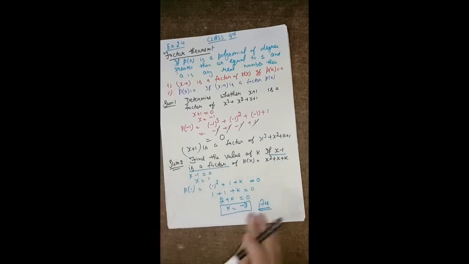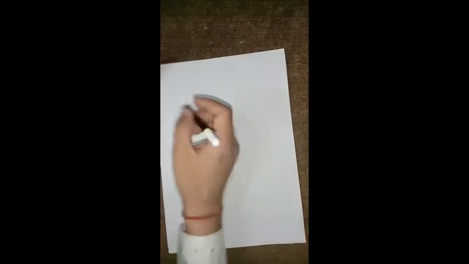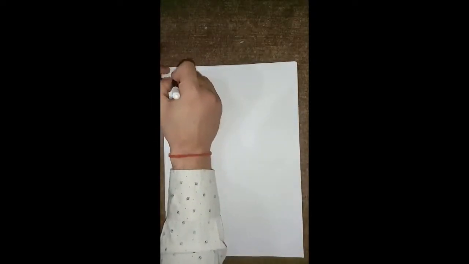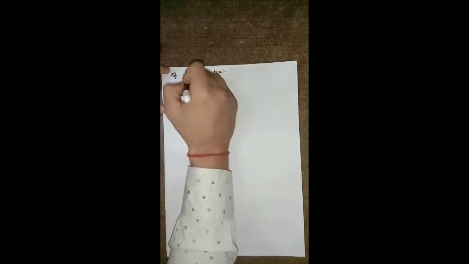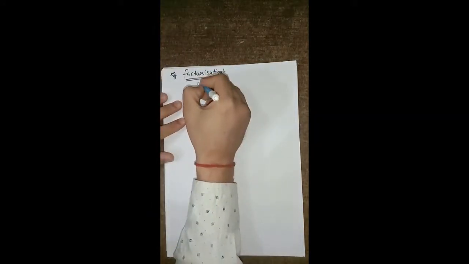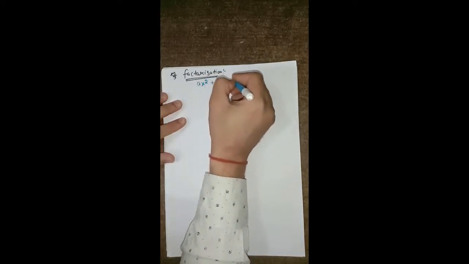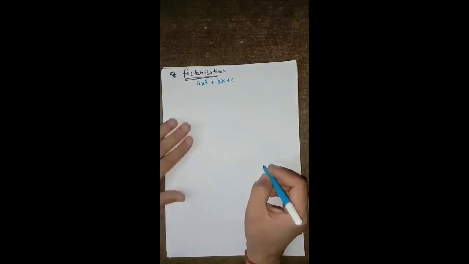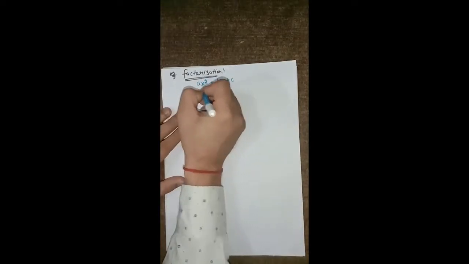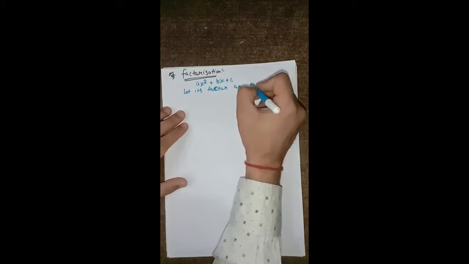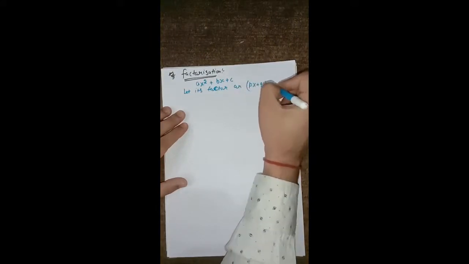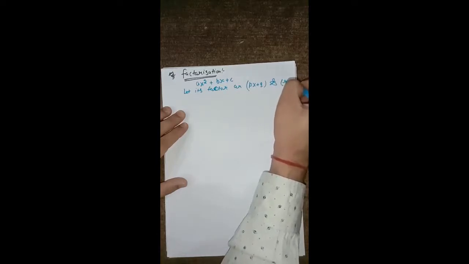Now we will discuss factorization. I am writing a general quadratic polynomial, ax square plus bx plus c, and assuming that its factors are px plus q and rx plus s.